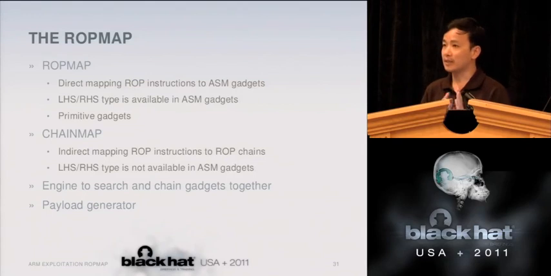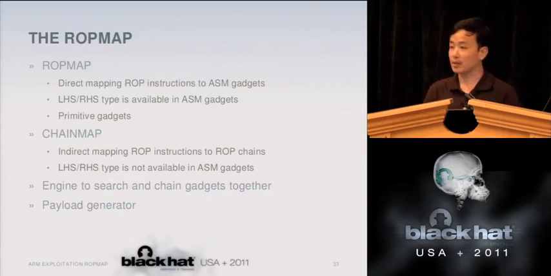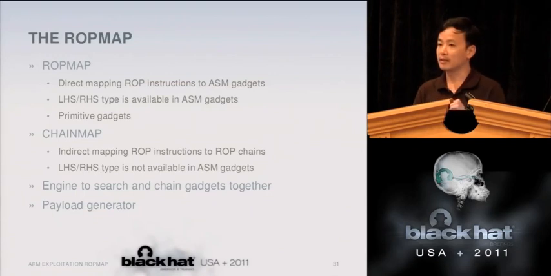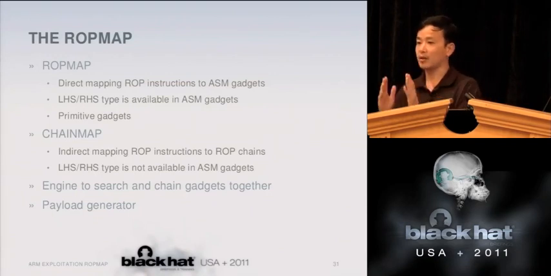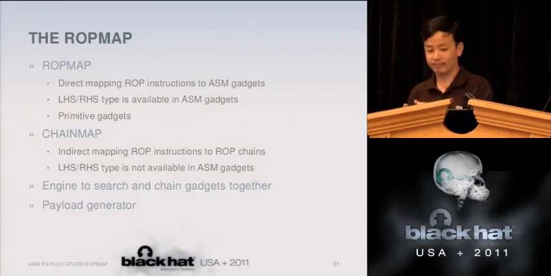What we map it to are just primitive gadgets, simple and short gadgets most available in every binary. Another map we define here is called the chain map. In case there is no direct mapping from a ROP instruction to an assembly gadget, we will map it to another chain of ROP instructions. We'll show it later.